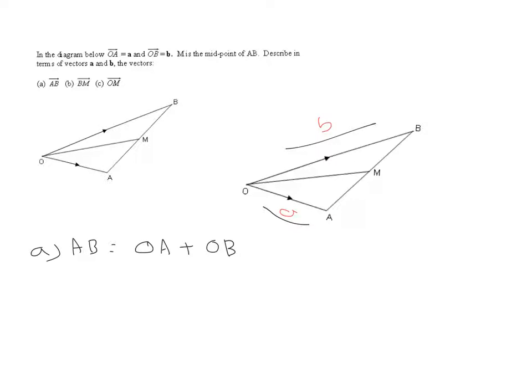So OA equal to minus A, and OB, we are going the same direction, so it is plus B. So we rearrange here, B minus A. You can write this, this is also a correct answer, but if you write it this way, it will be easy to understand. So AB equal to B minus A.